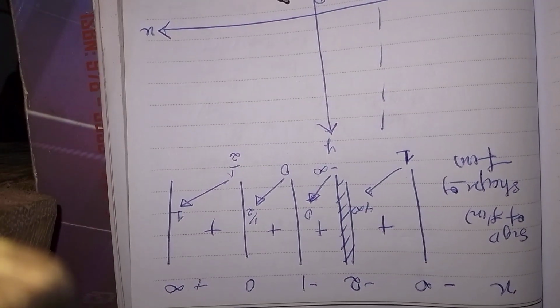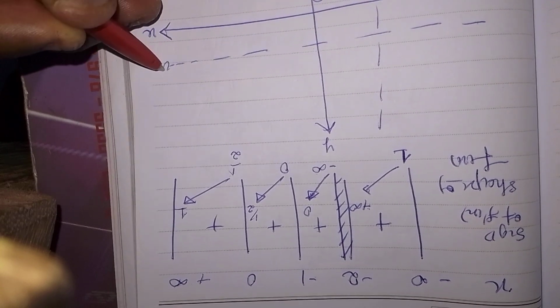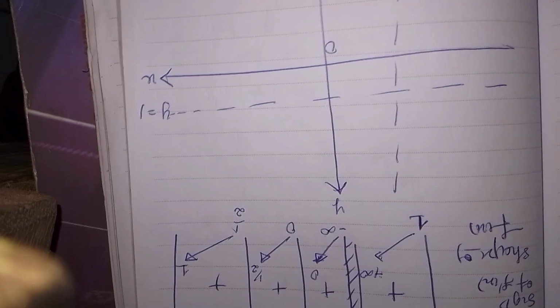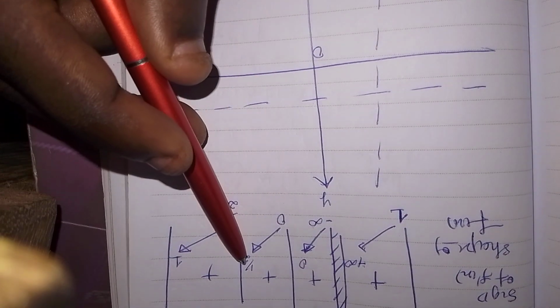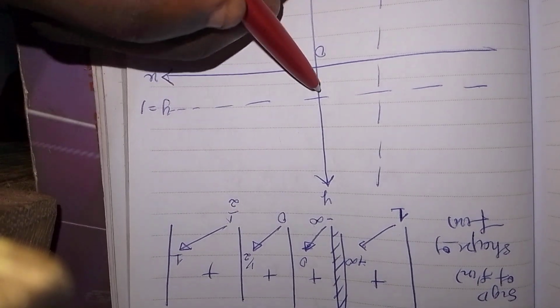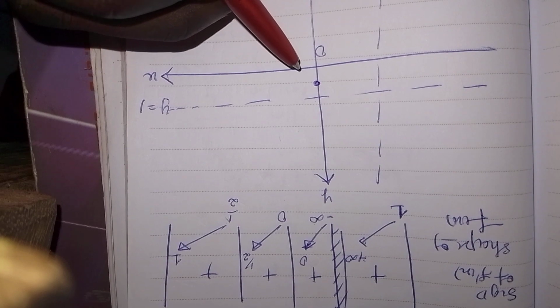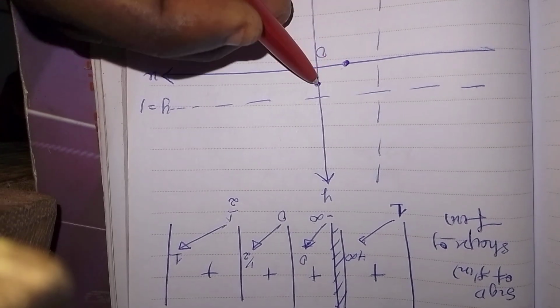Horizontal asymptote y equal to 1. Intercepts: when x is 0, y is half, so we have (0, half). If this is 1, half is around here. And when y is 0, x is -1. If this is -2, then -1 is here. So these are the two intercepts.